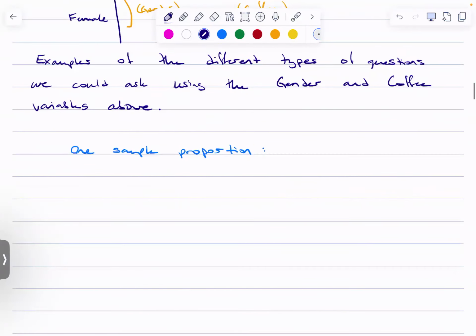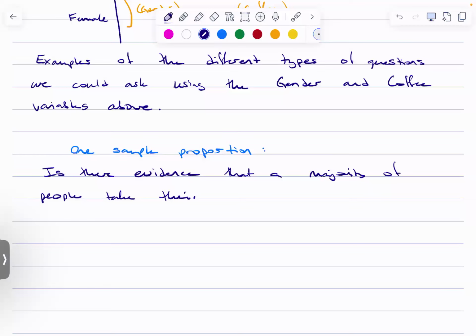And so, is there evidence? Whenever you see, is there evidence, that's going to be a hypothesis test. We're not going to do it, but I just want to show you what it would read like. Is there evidence that a majority of people take their coffee black?